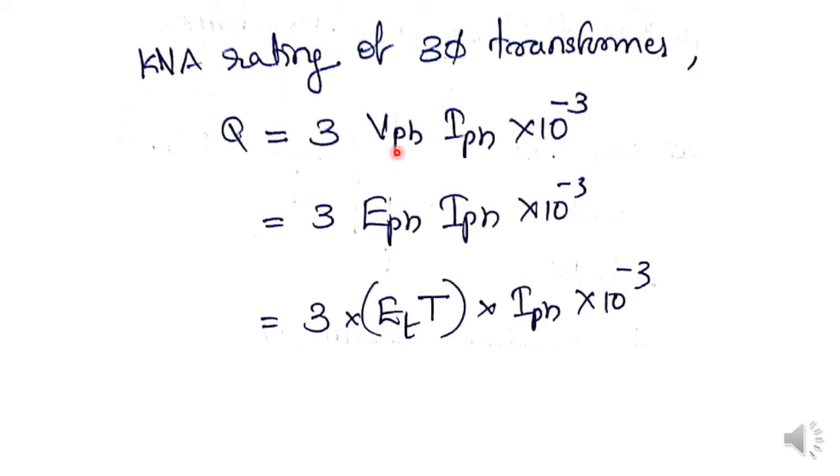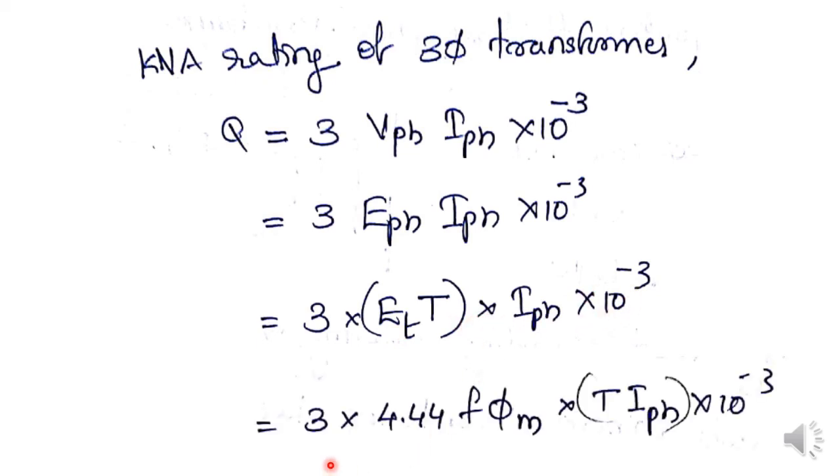We are assuming that the per phase terminal voltage V phase is equal to the per phase induced voltage. That is equal to 3 into E phase, which is EMF per turn into number of turns, into I phase into 10 raised to minus 3. That is equal to 3 into ET, EMF per turn, which is 4.44 f phi-m, and T into I phase.